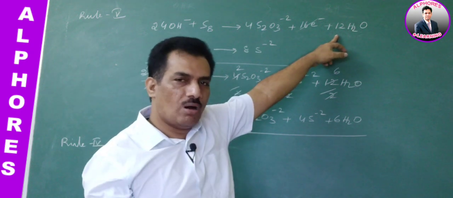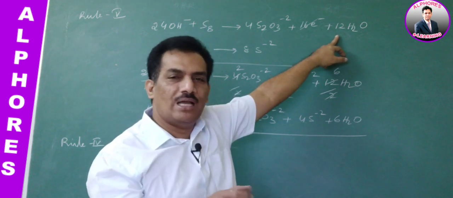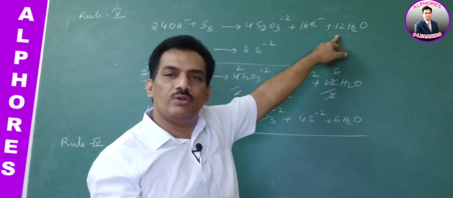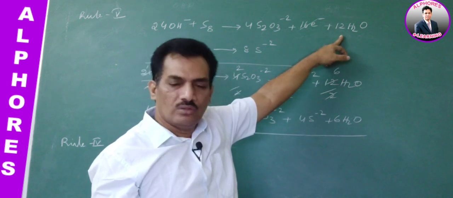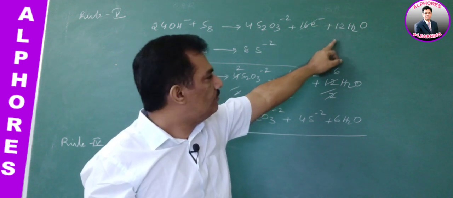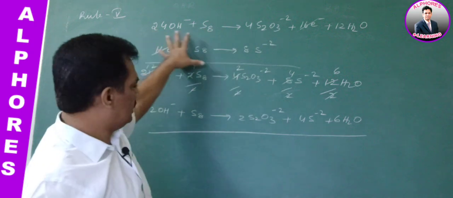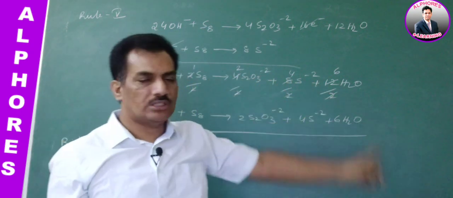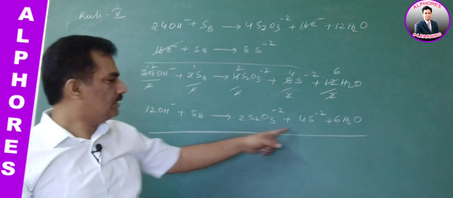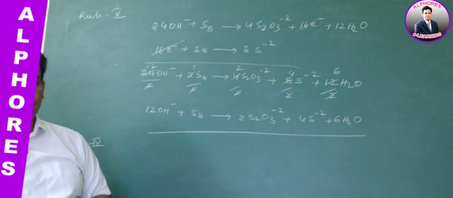Actually, after balancing the oxygen and hydrogen in that oxidation half reaction, we find 12 H2O is there. Is it not? That 12 H2O we have to write. So when these 12 H2O and these two are added, we get this equation, and all the numbers are divisible by 2. Now we are getting this. Clear?